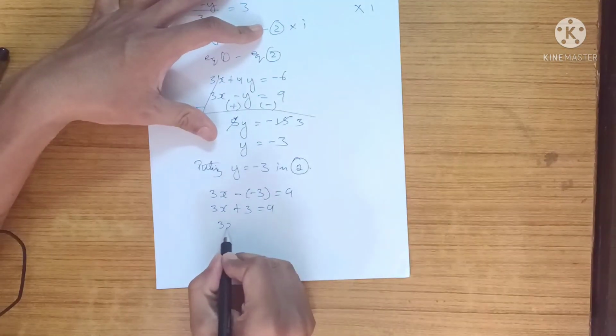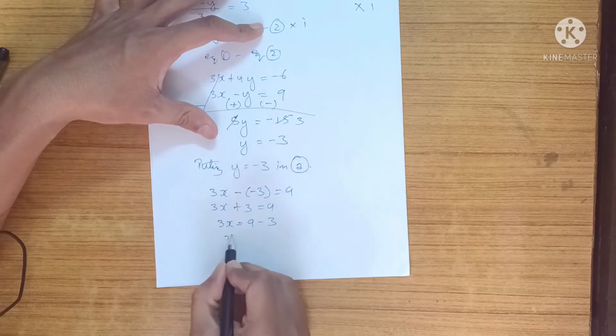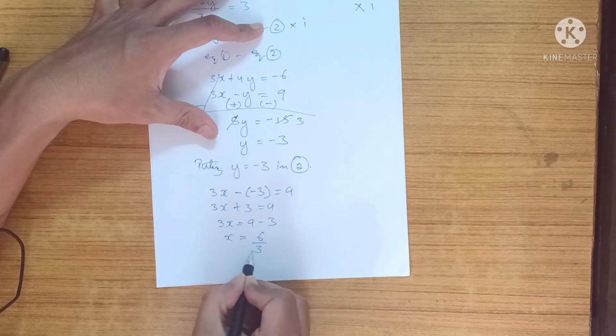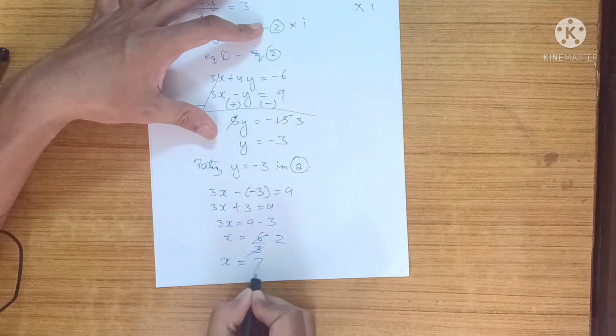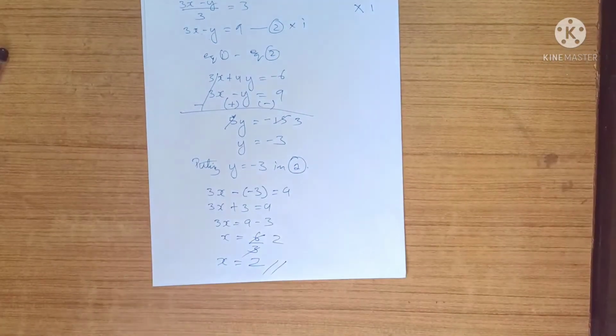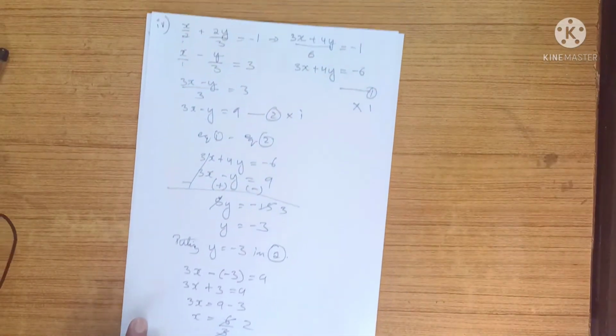Sending 3 aside, it becomes minus 6. This 3 sends inside, it becomes the bottom, so x equal to minus 2. So that's the value of x and y.